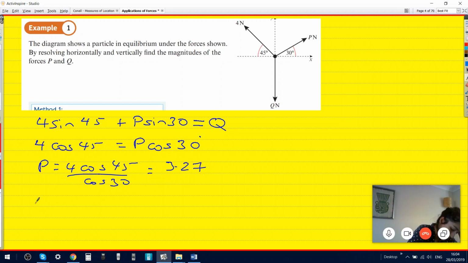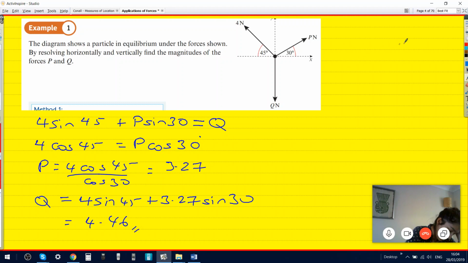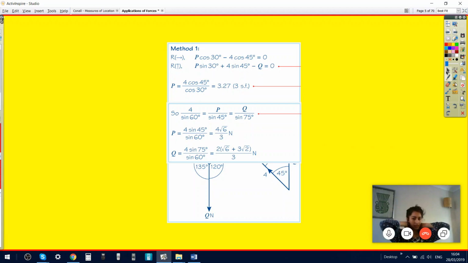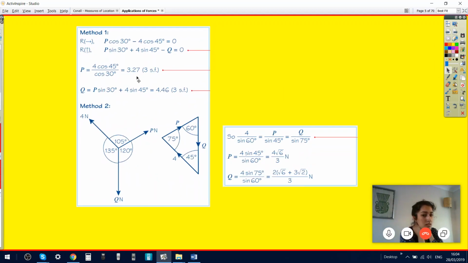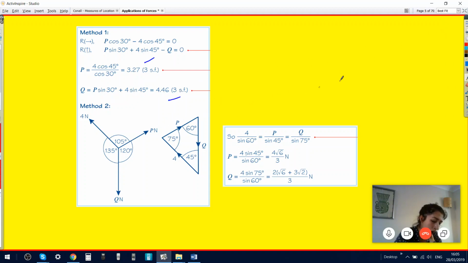So Q equals 4.46. Did you use the answer key? Yeah. P is 3.27, Q is 4.46. They did a different method. Let's not bother.